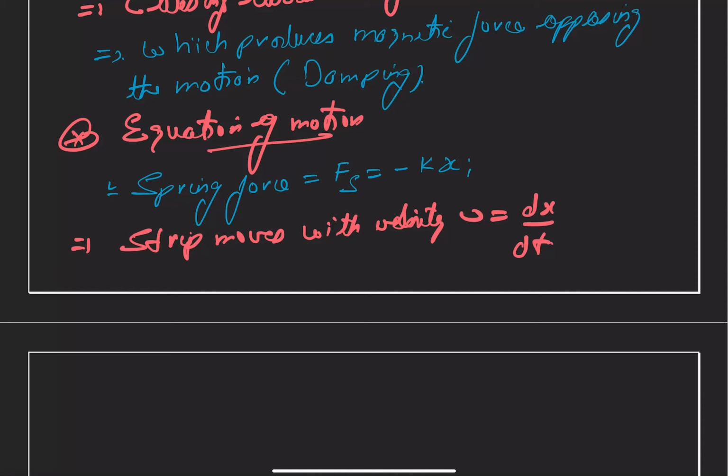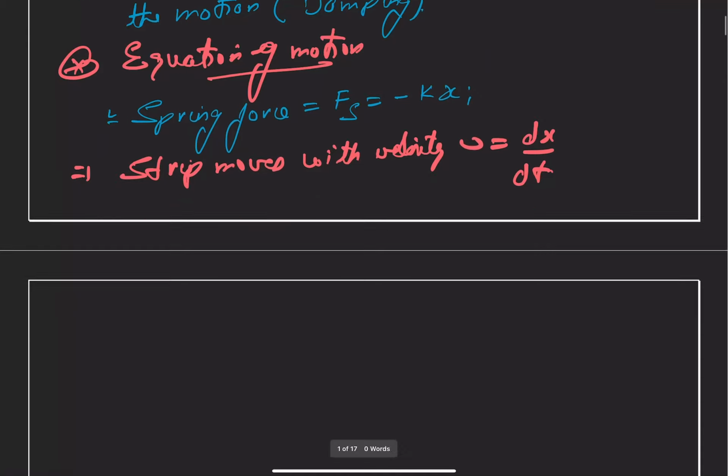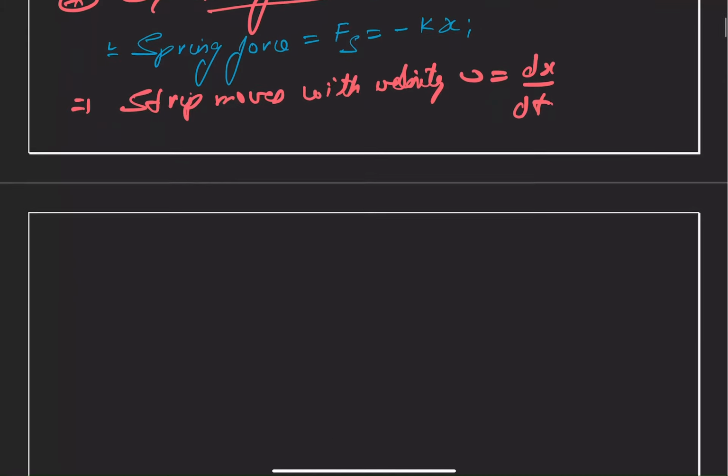And because of this movement of the strip, the magnetic flux through the loop is also going to change. Therefore, the flux, which can be represented as phi, will be equal to B, our magnetic field, multiplied by area, which can be written as B multiplied by L multiplied by x.